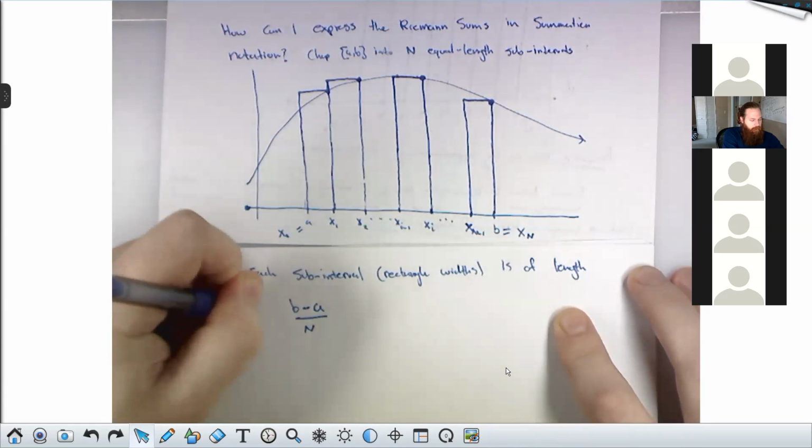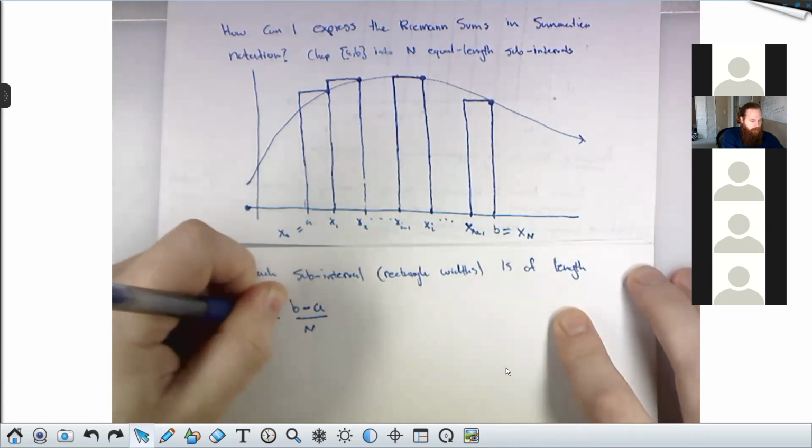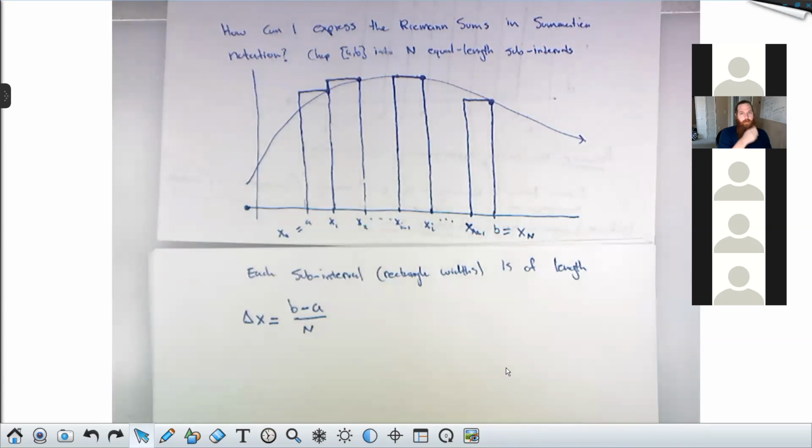And we call this delta x, because I'm chopping something that has length b minus a into n equal length pieces. The total length of this interval is b minus a, and if I want to chop that up into n pieces, each having the same length, then each piece has length b minus a over n.